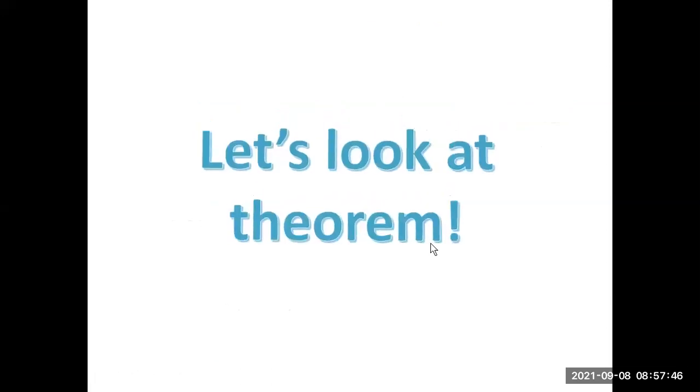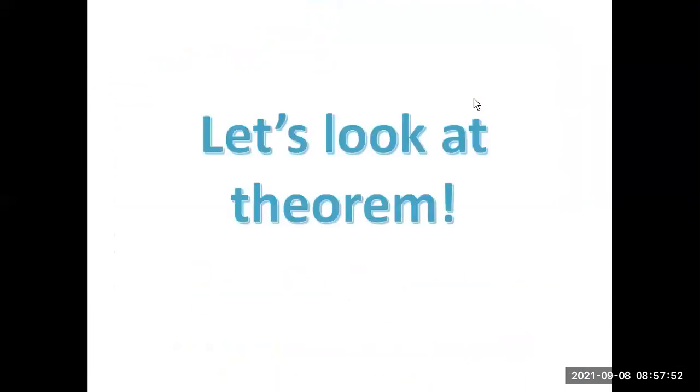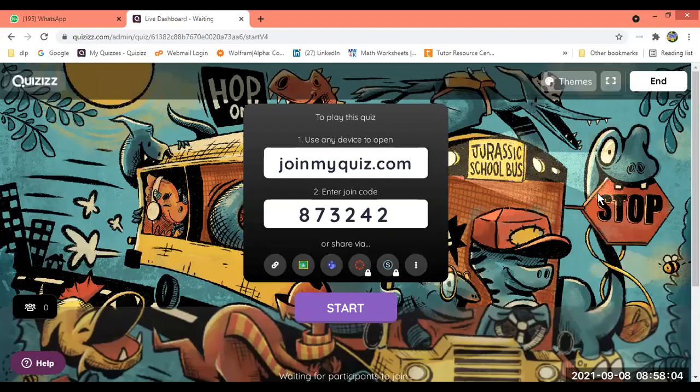So we saw a few theorems yesterday, and now it's time for the quiz. Here is the description about the quiz. Go to any web browser and type in joinmyquiz.com.